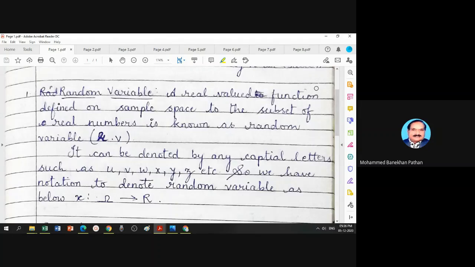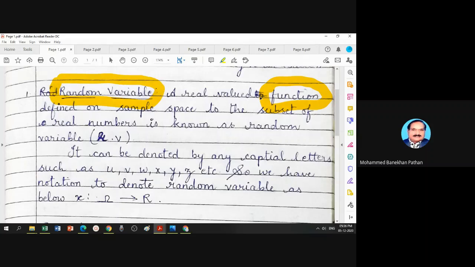A function is nothing but a relation between two sets, let us say set A and set B. So any relation defined on set A, then you get another set as an image. That relation is known as a function. So we are taking the help of this knowledge of function to define a random variable.